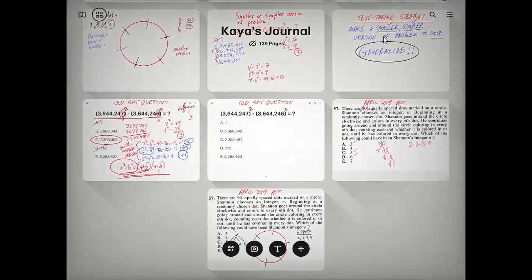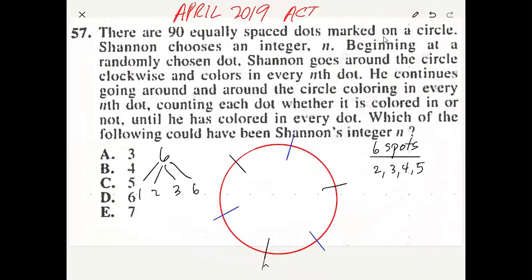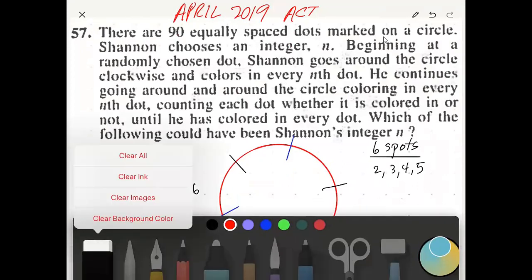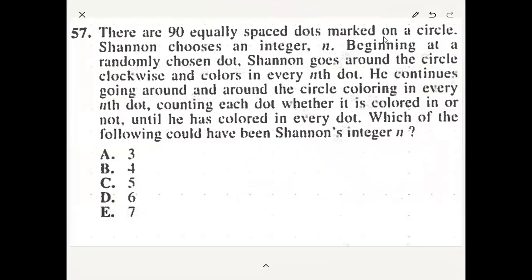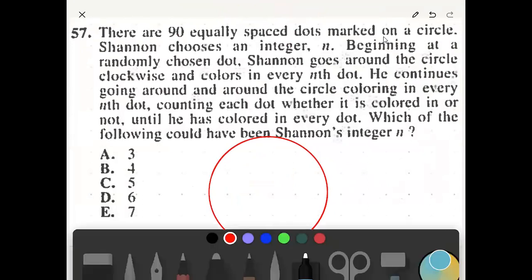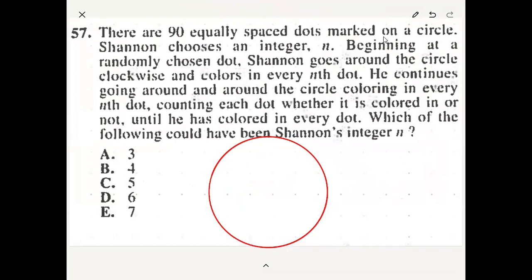So let me go to another one. What I wound up doing was I made a circle, and then I decided I'm going to make a smaller version of this question, right?